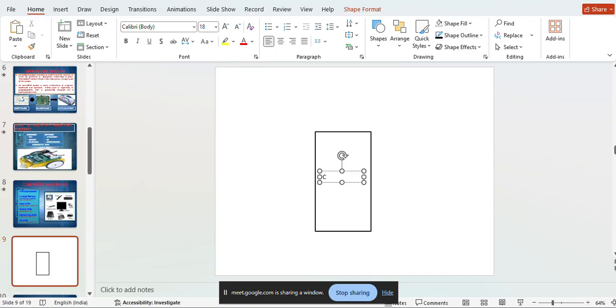Okay, so this is the main CPU. Now tell me what are all the inputs for the CPU.